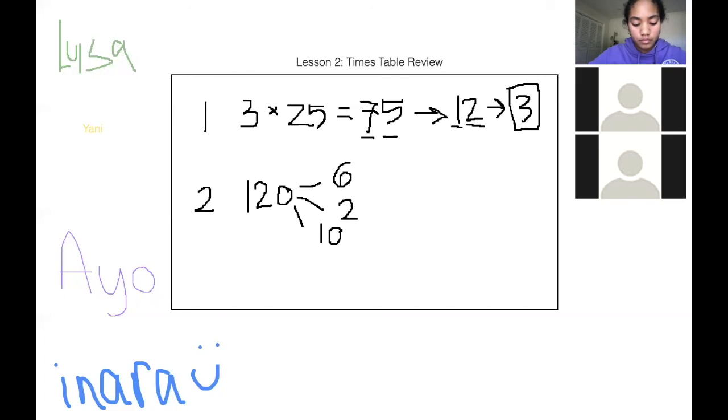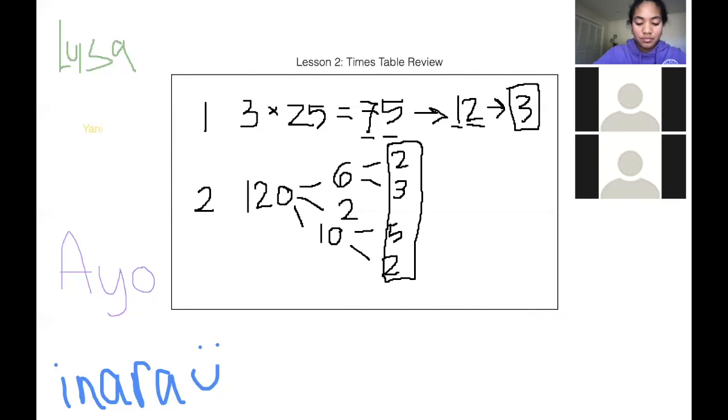And you can factor these factors as well. So you can factor 6 into 2 times 3, and you can factor 10 into 5 times 2. So these would be the simplest factors of 120. But you can use your rules from previously to find the factors and what 120 is the multiple of.